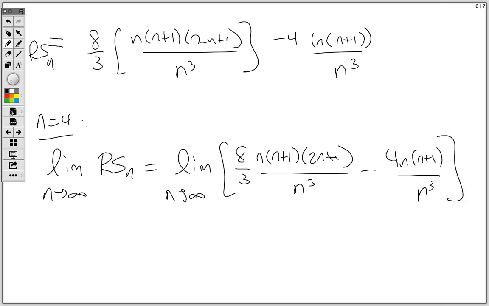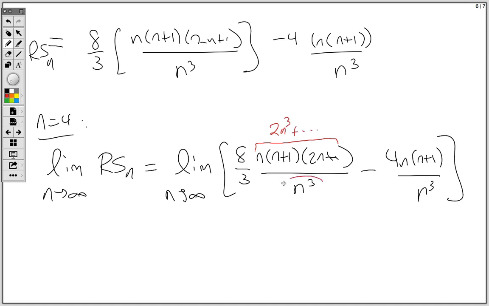Because of what we know from chapter 2, it's the highest powers that are going to matter. In the numerator, the highest power of n, when you multiply that out, is n times 2n, so you're going to get 2n cubed plus some lower order terms.